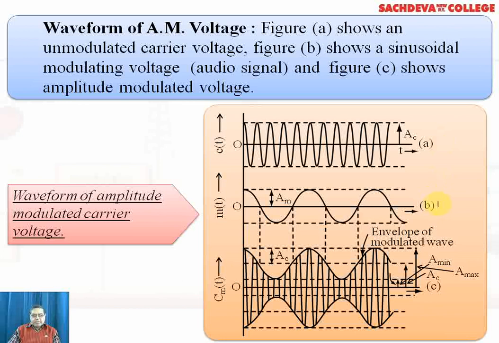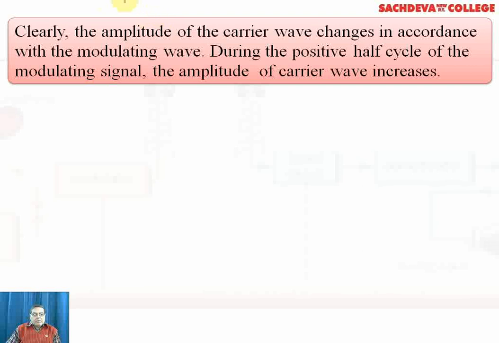So modulating means the mixing of signals, and sinusoidal modulating voltage means the signal is in the form of a sine curve, the audio signal. And figure C shows the amplitude modulated voltage, the mixing of the first two signals. Clearly, the amplitude of the carrier wave changes in accordance with the modulating wave.